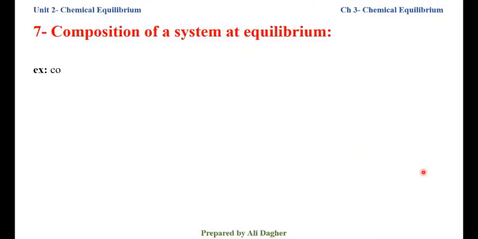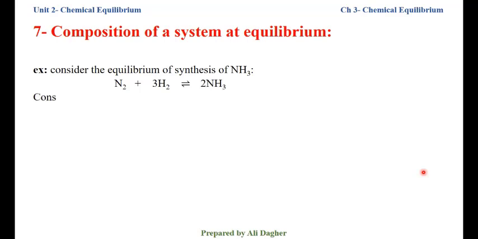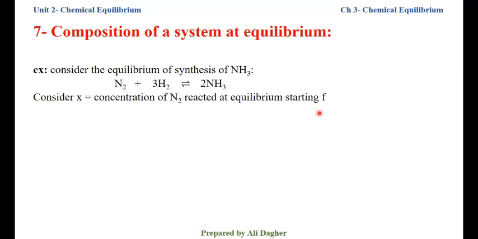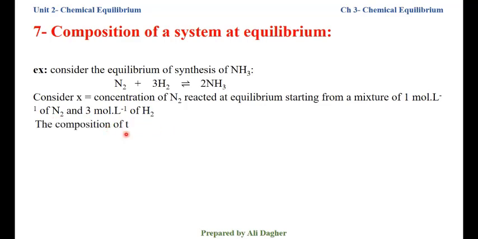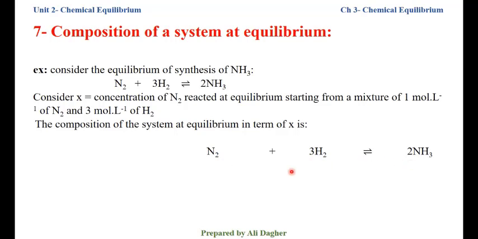An example: consider the equilibrium of synthesis of NH3, ammonia: N2 plus 3H2 gives 2NH3. Consider X, the concentration of N2 reacted at equilibrium, starting from a mixture of 1 mole per liter of N2 and 3 mole per liter of H2. The composition of the system at equilibrium in terms of X becomes: at T equals 0, the initial concentration is 1 mole per liter for N2 and 3 mole per liter for H2.